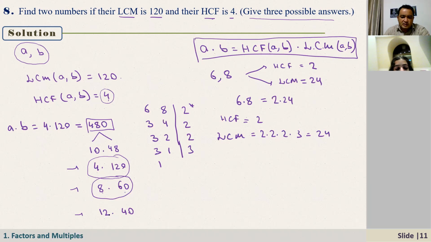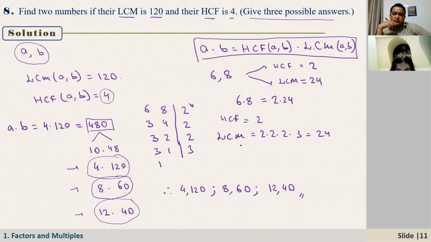You can check: the factors of 12 are 1, 2, 3, 4, 6, 12, and among these only 4 divides both 12 and 40. So we have three possible answers: either 4 and 120, or 8 and 60, or 12 and 40.